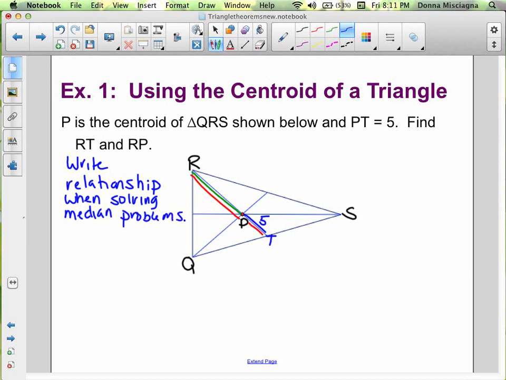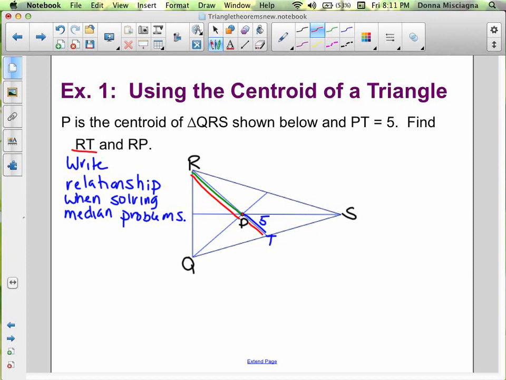All right, so let's solve for RT first. RT is outlined in red on mine, so I will use a red pen so that you can color code it and match it.